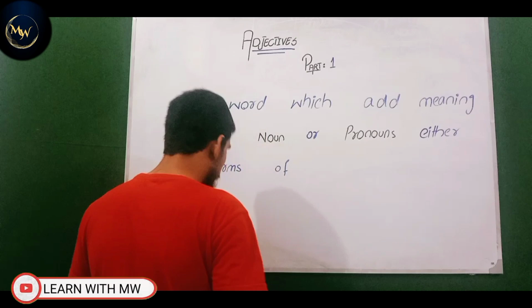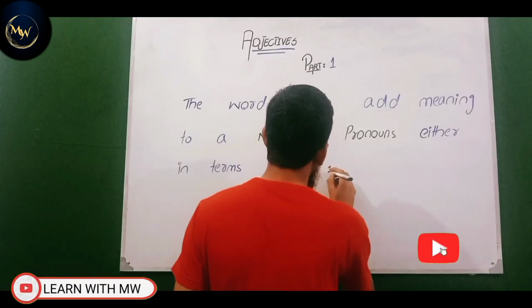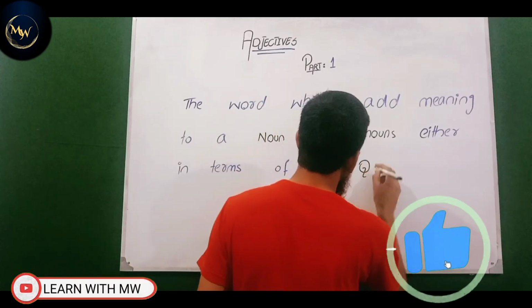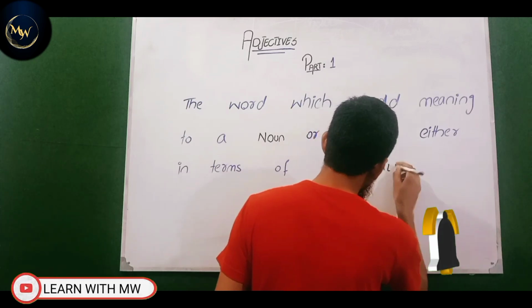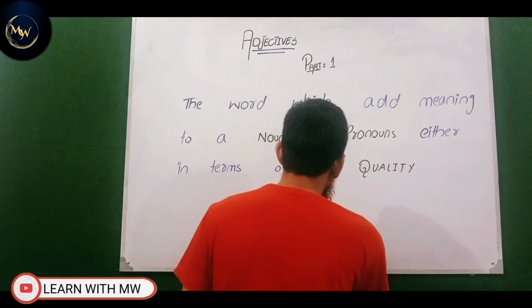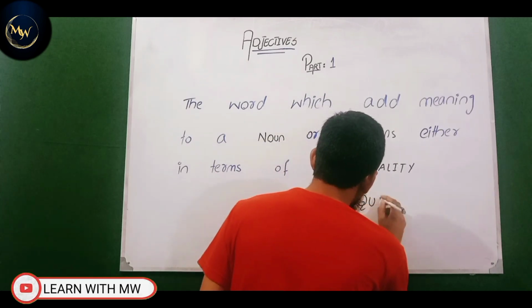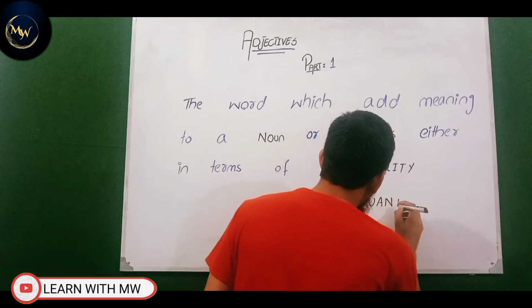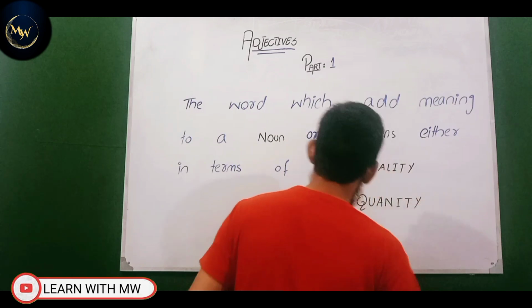In terms of, first thing is in terms of quality, and the second thing is in terms of quantity. So this is the grammatical definition of adjectives in English grammar.